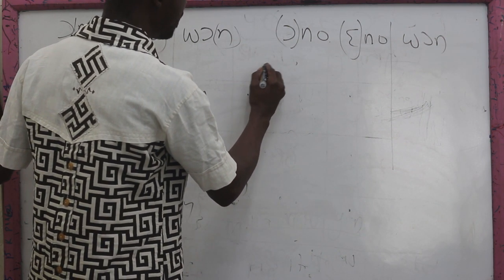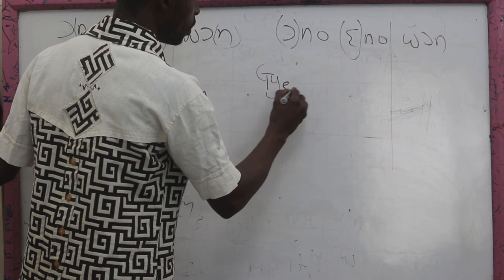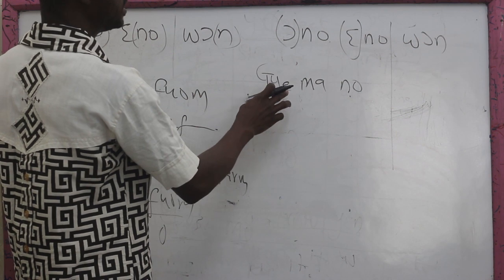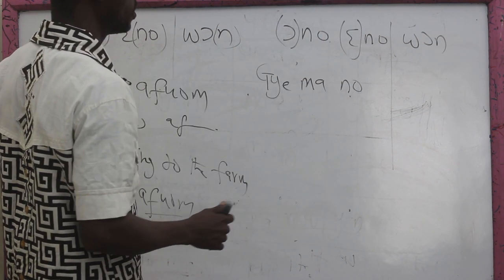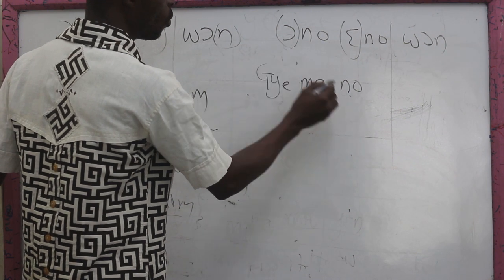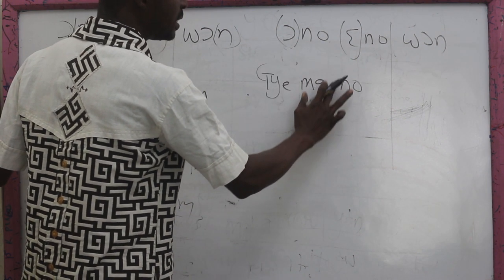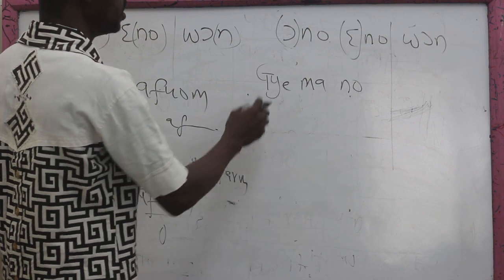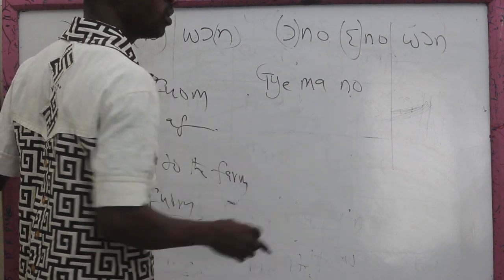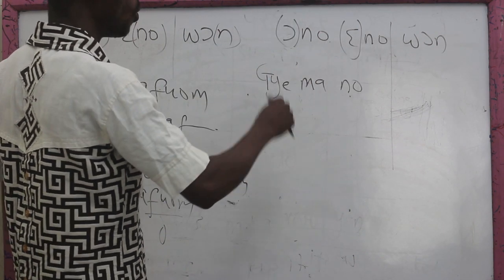Okay, jemanu. Jemanu is actually jema ono. And this o here has been deleted in the object position. Give it to him or her. Jemanu. Give it to him or her.